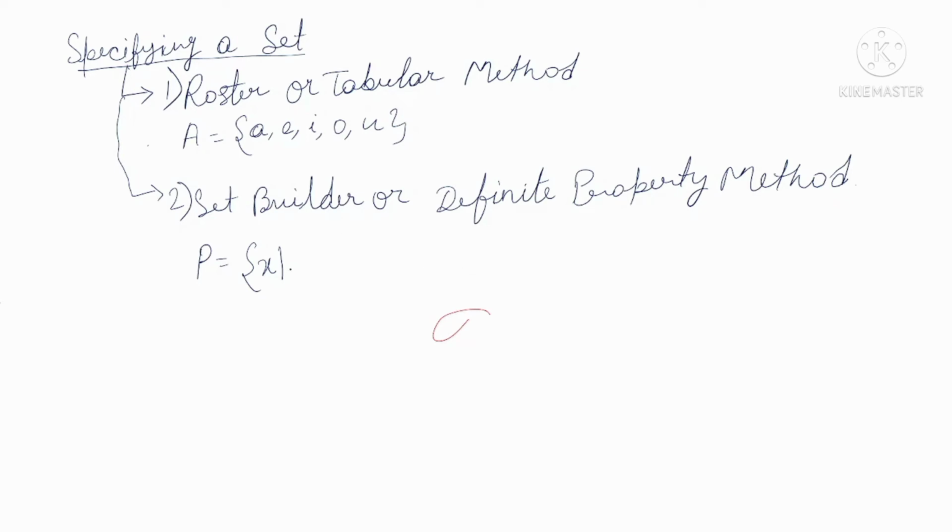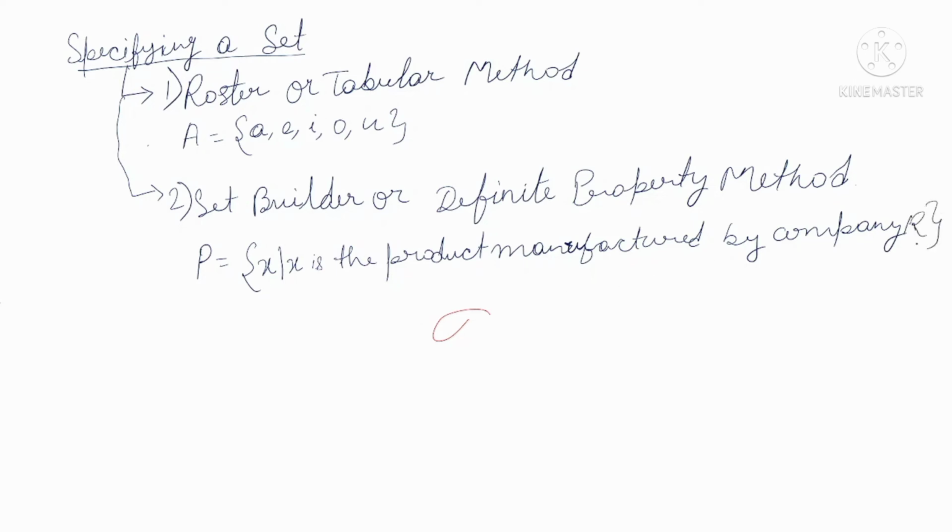Okay, so here what is X? X is the product manufactured by company R. So what happened here is that the property of the element is defined.